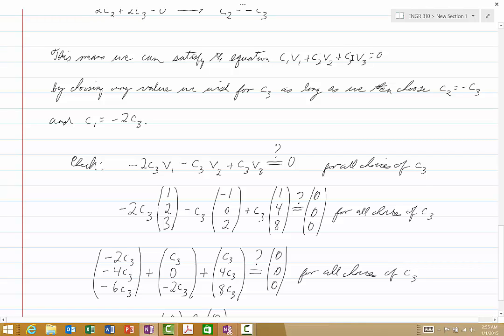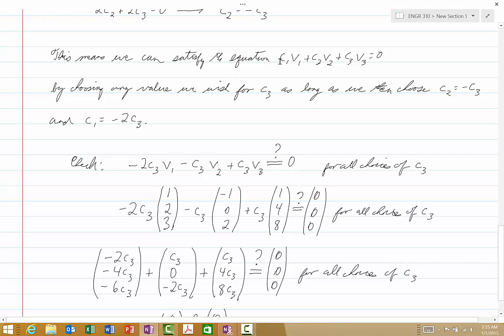The only thing we have to guarantee is that once we pick any C3 we wish, then to make it true, we just need to pick C2 as negative C3 and C1 as negative 2C3. So since there are many different ways to satisfy this equation, these vectors are not linearly independent. They are, in fact, linearly dependent.